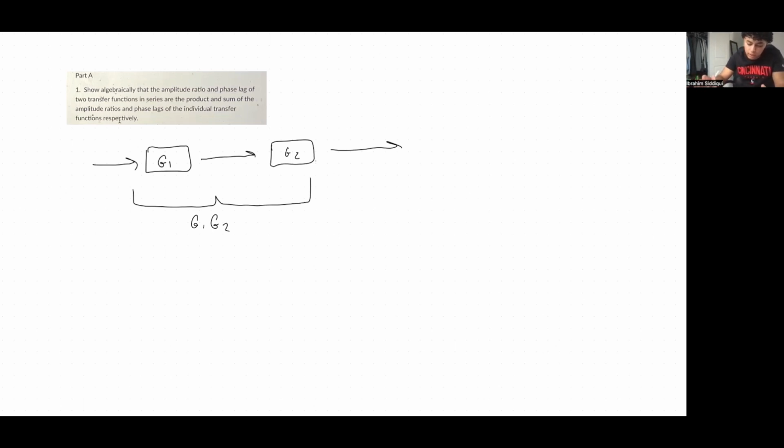Looking at our first and second transfer functions, respectively, in terms of real and imaginary components, we'll write this out like this.